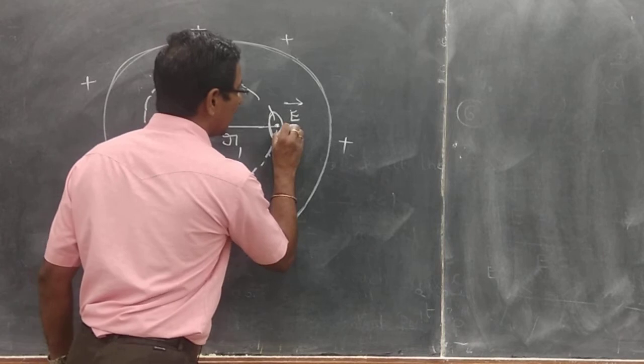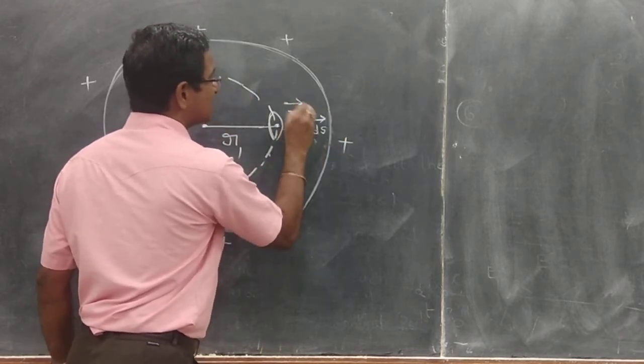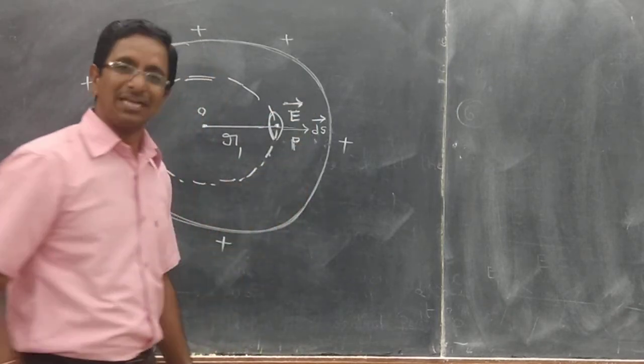Now here, this is dS direction. This is E direction. This is point P.